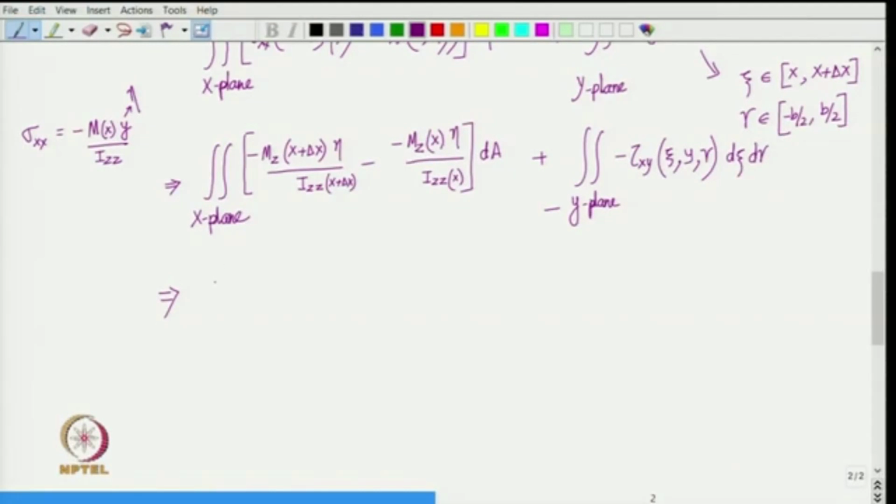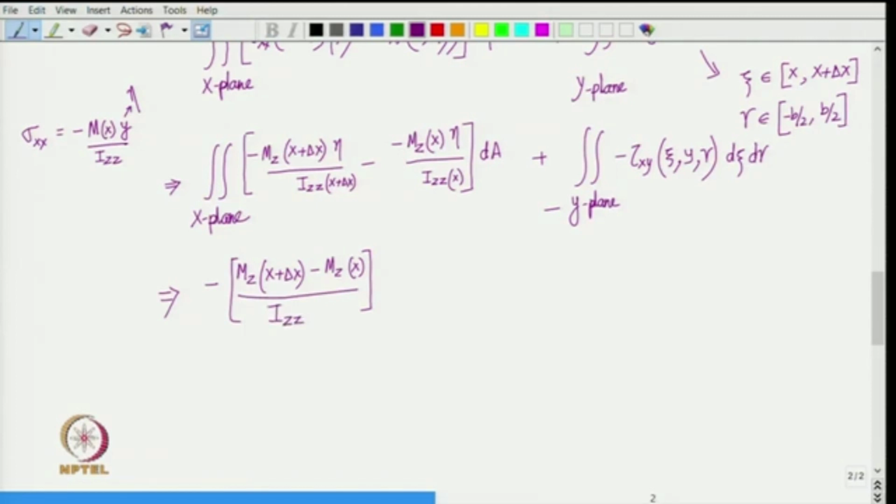So, we have minus of m z at x plus delta x minus m z at x, okay, divided by I z z.